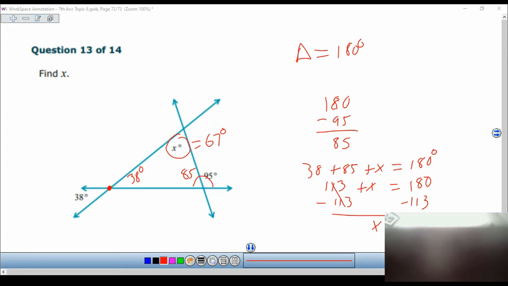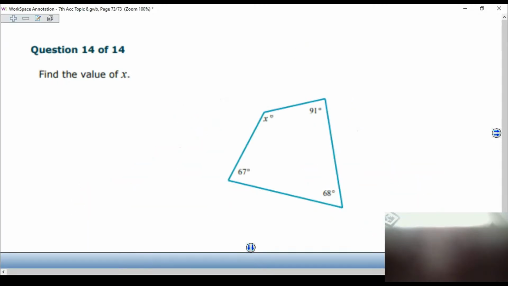We've got one question left. All right, so one more to go. Question 14. For this one, it's relatively easy. Any four-sided shape, rectangle, square, or even this weird trapezoid, all the angles add up to 360 degrees, always.